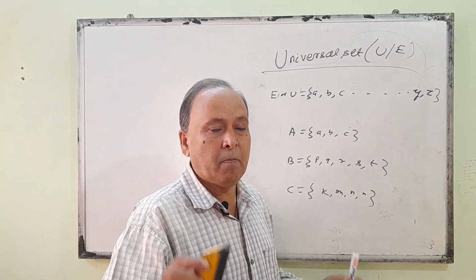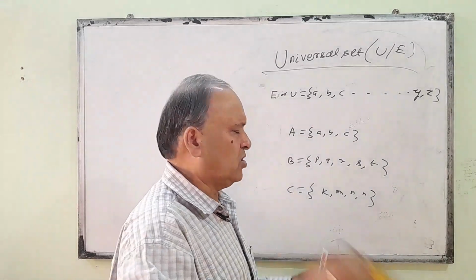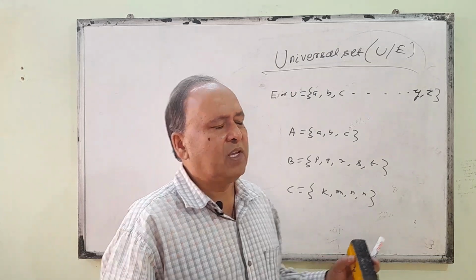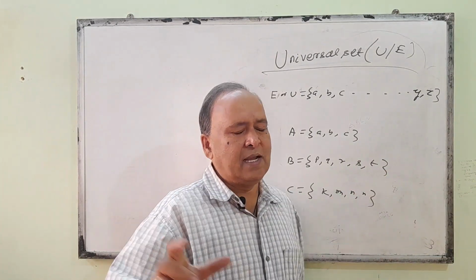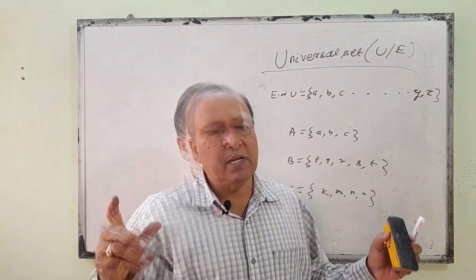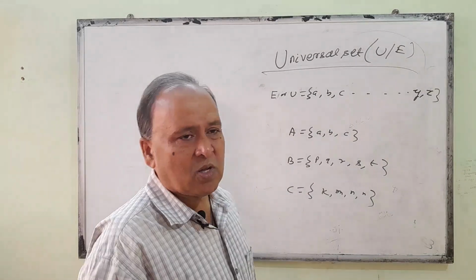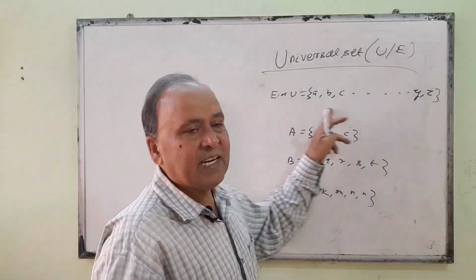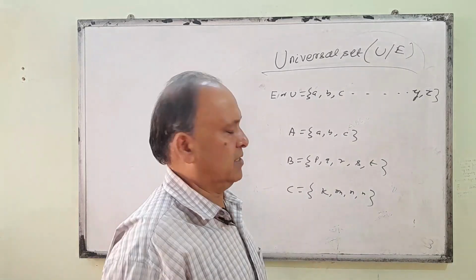Universal set means bigger set, it is the biggest set. For your consideration, suppose you consider India is the universal set. You take 2 or 3 states in one set, and 5 to 7 states in other sets. Then we can say for all those sets, India is the universal set.